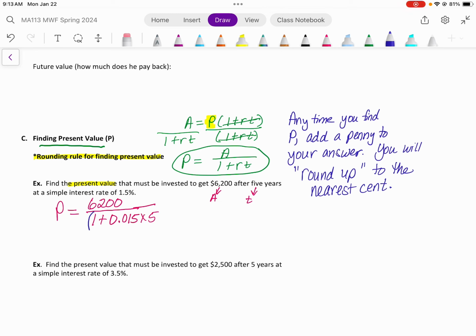You're going to have to put parentheses around this as you enter it in your calculator. Your other option would be to figure out your denominator first and write it down. So 1 plus 0.015 times 5 is 1.075, and then do the division in your calculator. And we get approximately $5,767.44.